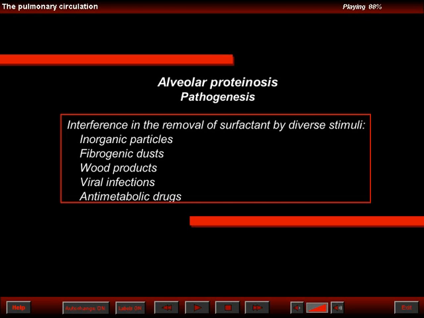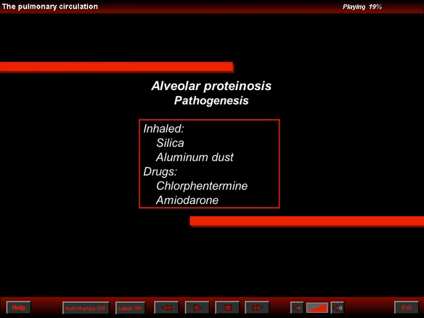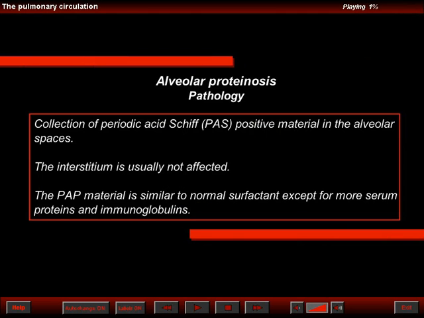It can lead to a decrease in the uptake of surfactant. Physical insults associated with pulmonary alveolar proteinosis are inhaled silica, aluminum dust, and drugs such as chlorphentermine and amiodarone lung toxicity.